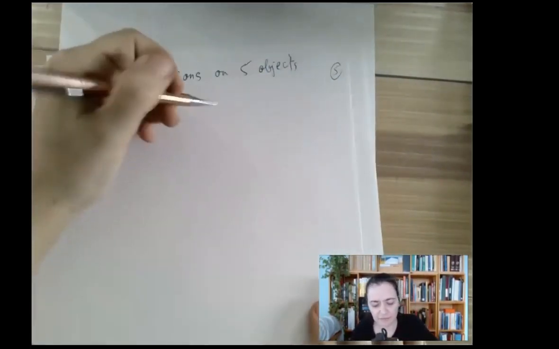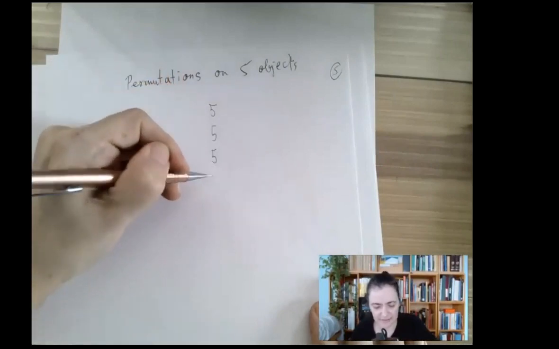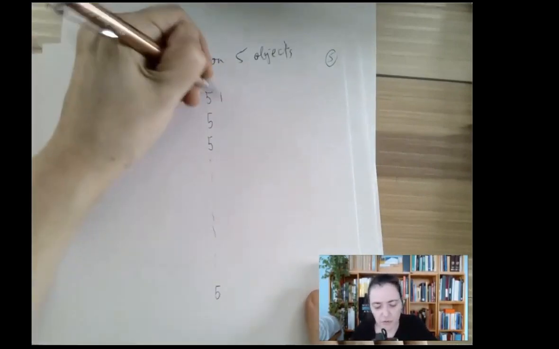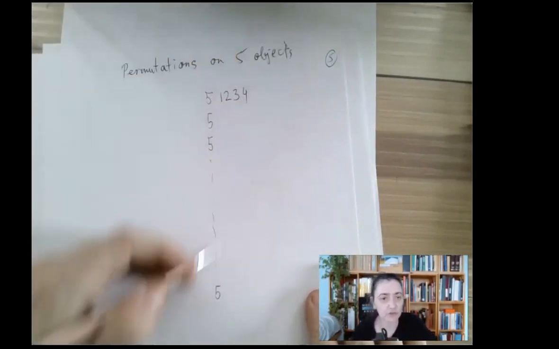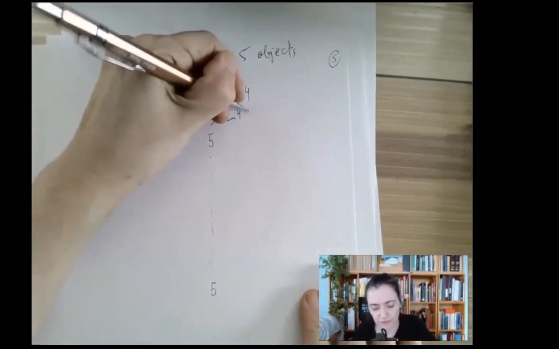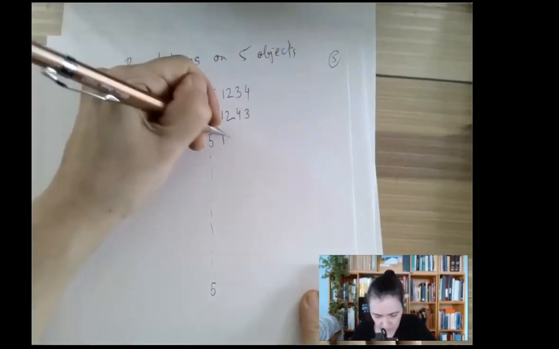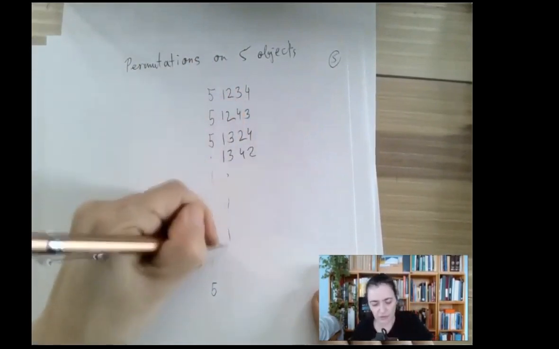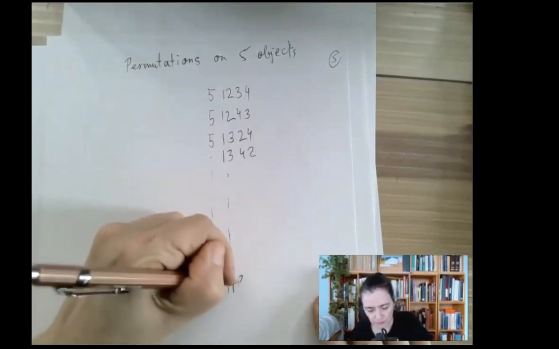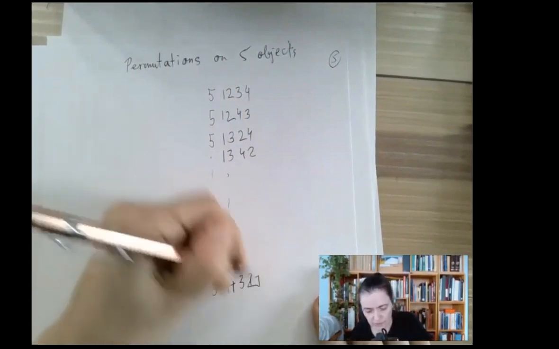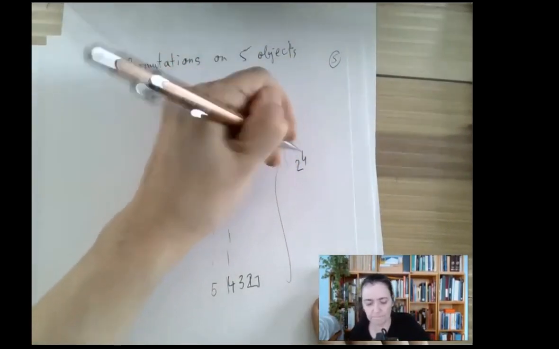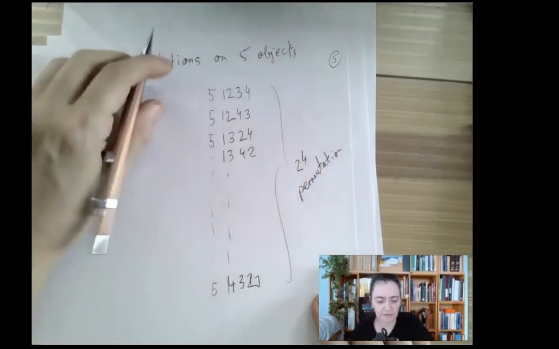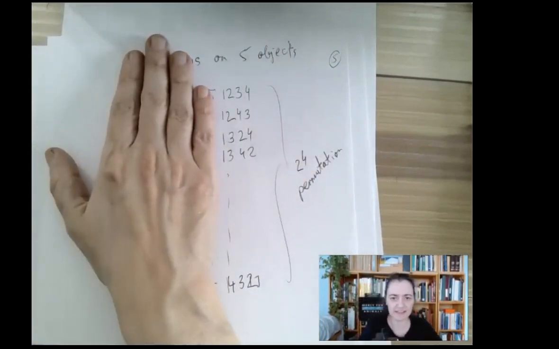I'm going to write down 5 here, 24 times, and then 24 permutations on 1, 2, 3, 4. We just wrote that out, right? 1, 2, 4, 3, 1, 3, 4, 1, 3, 4, 2. So 4, 3, 2, 2, 1. So this is 24 of them. Right? We fix 5 and then the rest is the previous case.